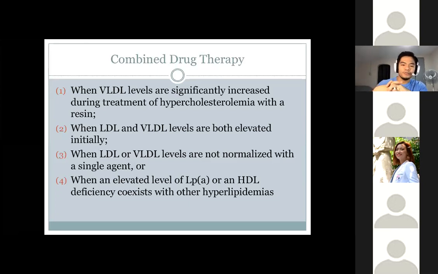And then when LDL or VLDL levels are not normalized by single agent, and then when elevated LPA and HDL deficiency coexist. So ang point lang sa slide na to, ito yung mga considerations nyo in combining hypolipidemics. Okay? So you just have to consider the pharmacologic actions of each group kung match ba silang i-combine. Ayan. So overall, finally, tapos na tayo sa drugs for dyslipidemia.